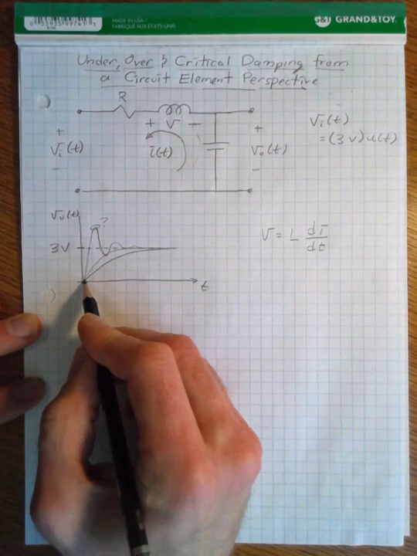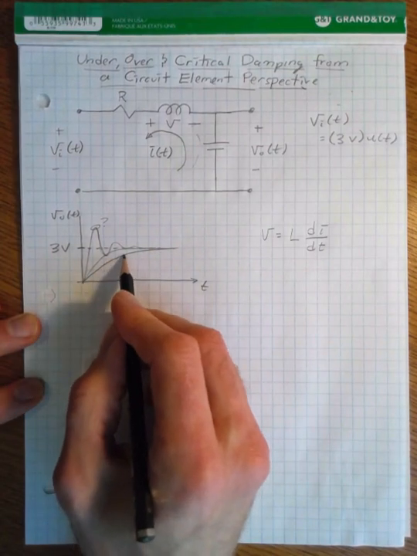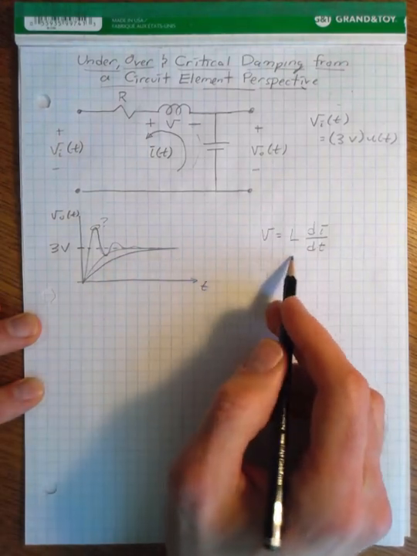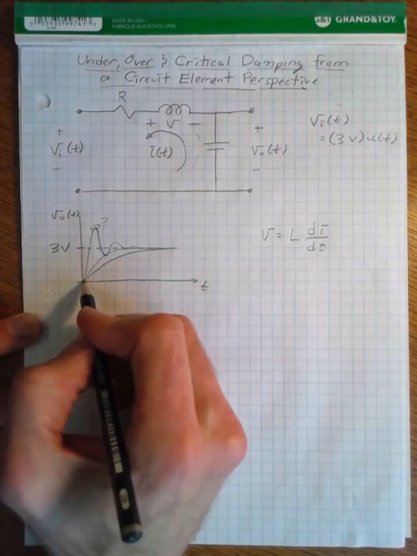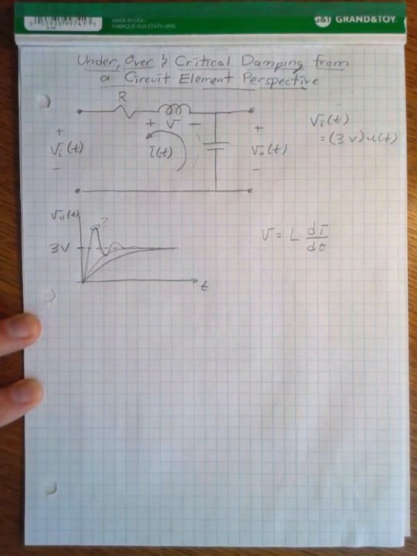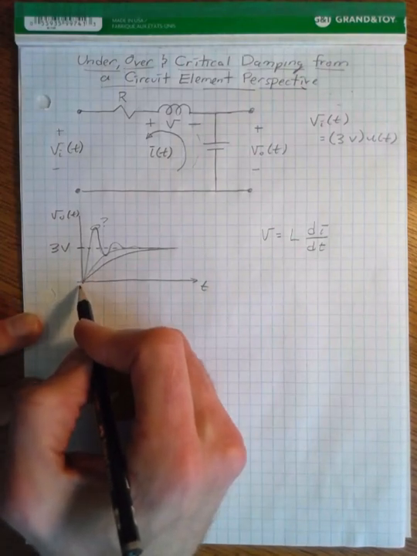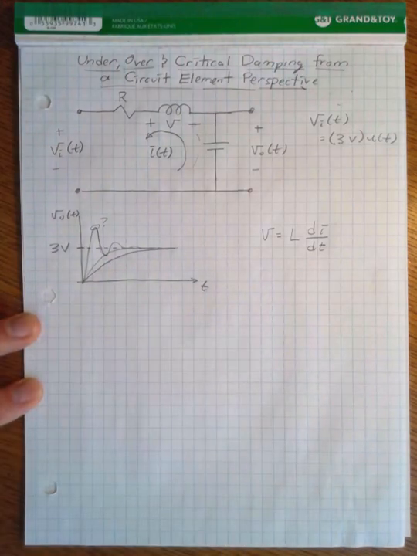And because we're charging so slowly here, and the current is changing so slowly, the inductor doesn't really have the ability to generate a large voltage like it did when the current just shot right up in the underdamped case.